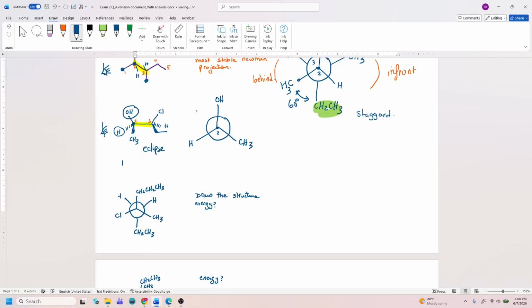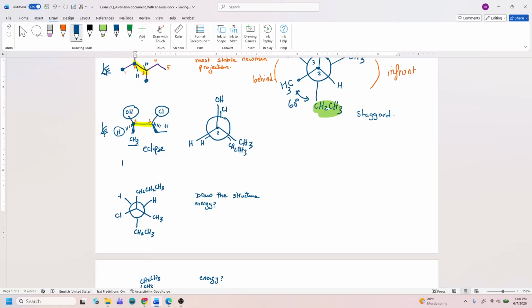See, the OH and the chlorine both have a zero dihedral angle, so definitely the chlorine is going to be here. And then these two hydrogens are basically a zero dihedral angle because they are both behind. So this is a hydrogen here. And then you do have your ethyl group, which is basically bisecting, or laying on the CH3 there, so it's going to be a CH2CH3.